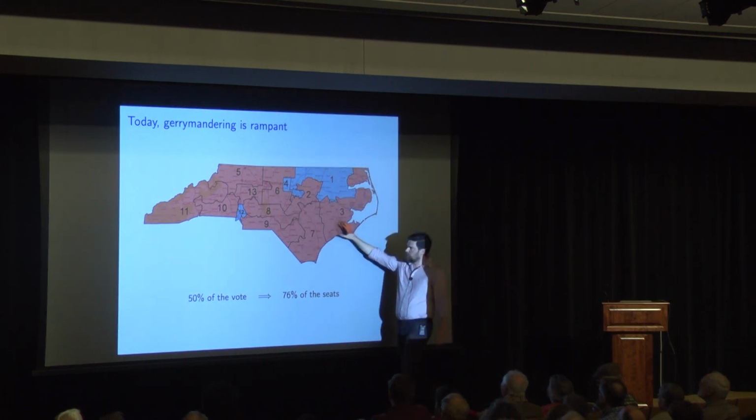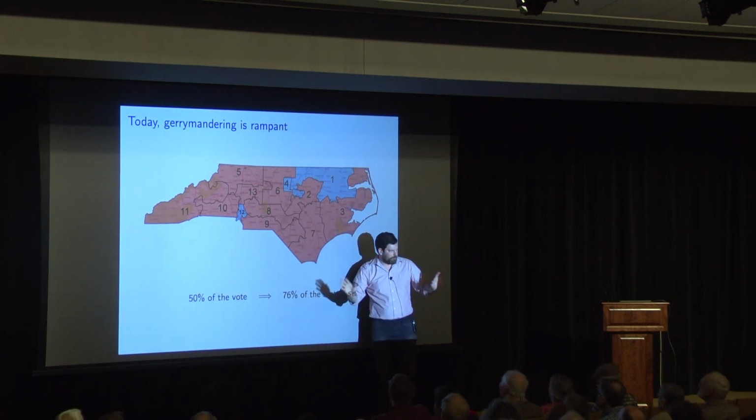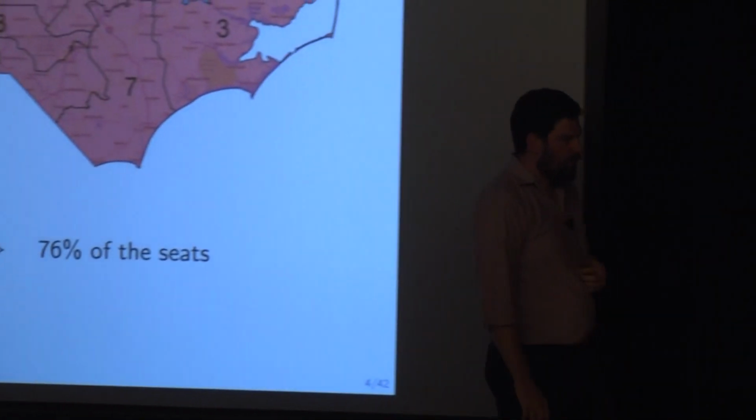There's also some blue voters around here, but you crack them into red districts. You get 10 out of 13 districts this way. Okay? North Carolina.